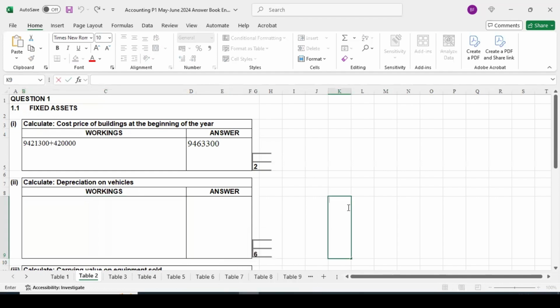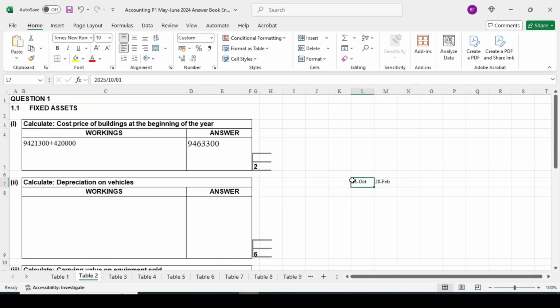So it's 1 October 2023 until the end of the financial year, which was the 28th February. How many months did the vehicle last in this current financial year?